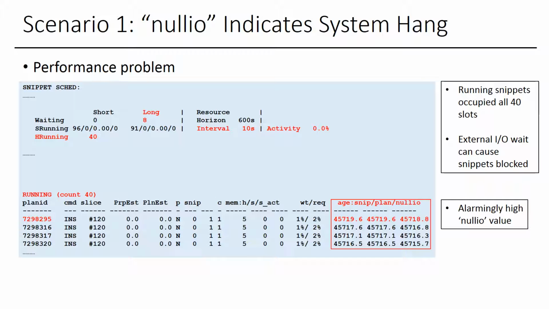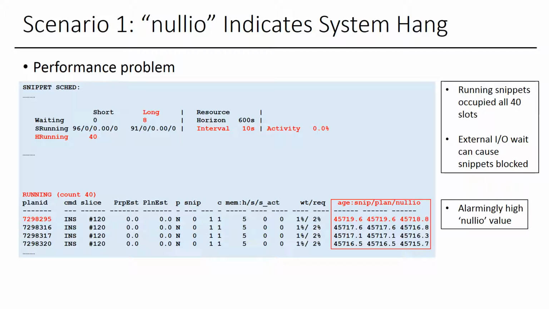for the whole plan. The alarming thing is that the null I/O is 45,718 seconds. So this snippet has been executing for 45,719 seconds and has accumulated 45,718 seconds waiting for external I/O.